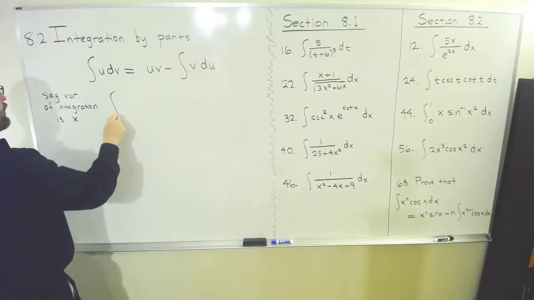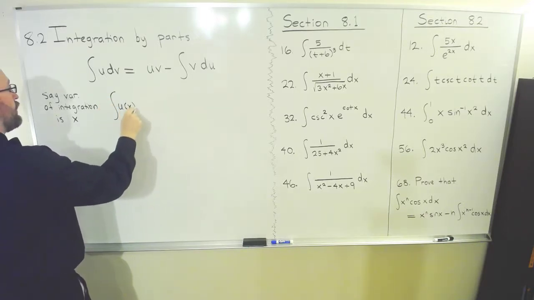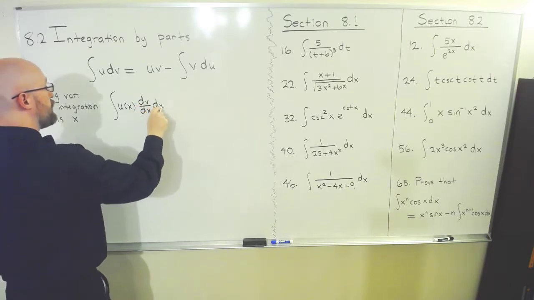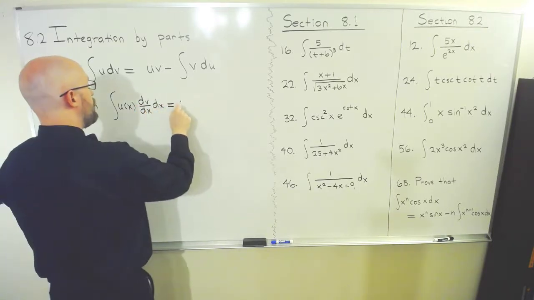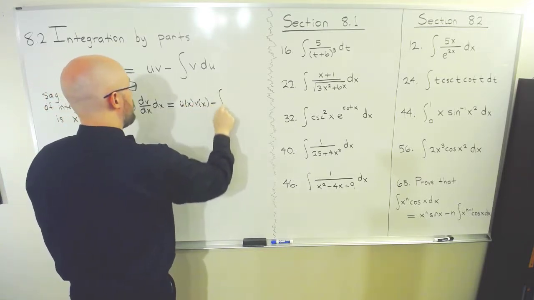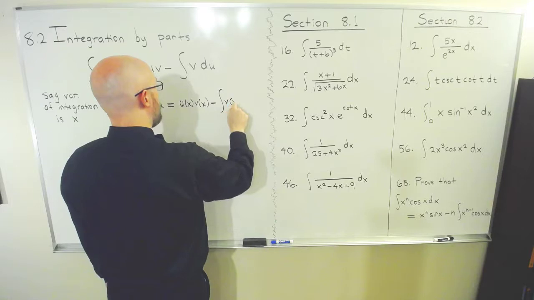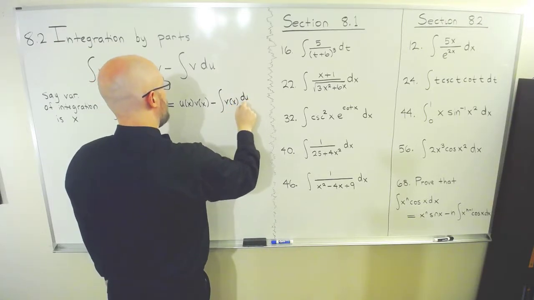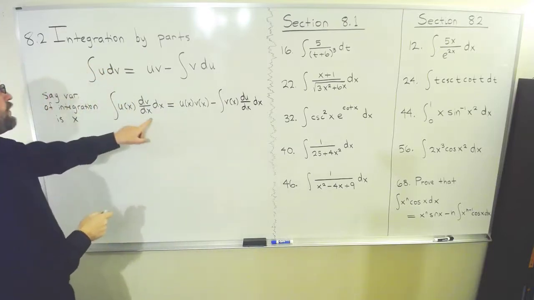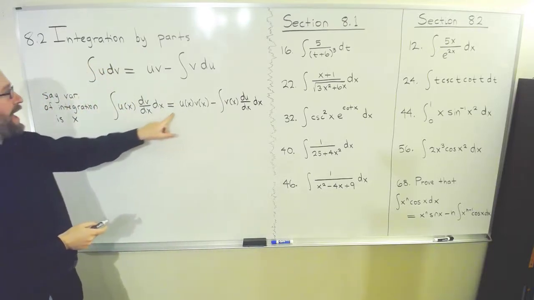It means integral of u of x times dv dx dx is equal to u of x v of x minus the integral of v of x du dx dx. See, because this is all an expression in terms of x.